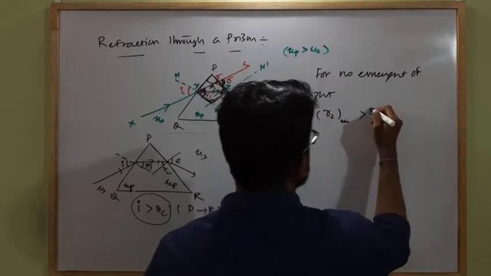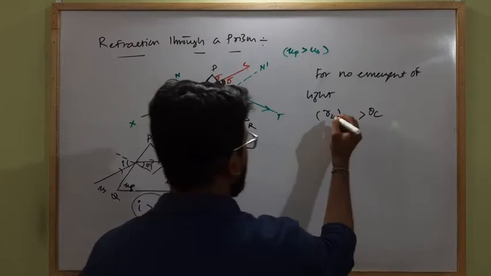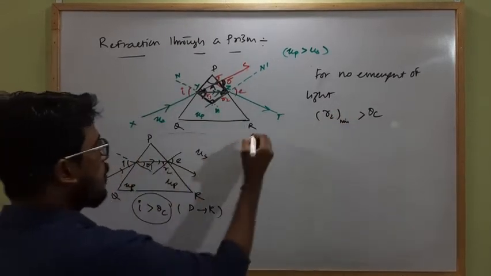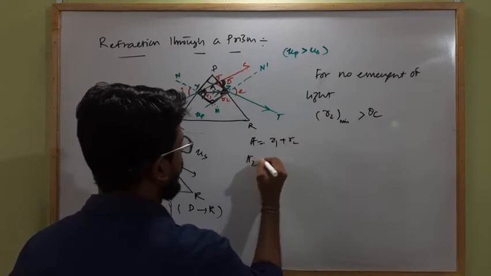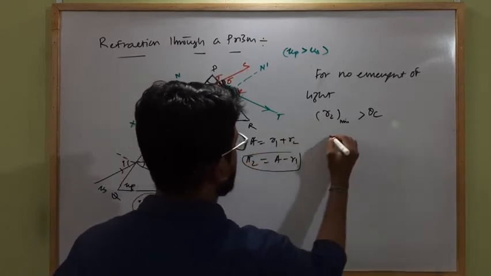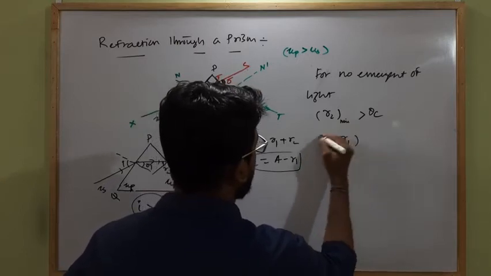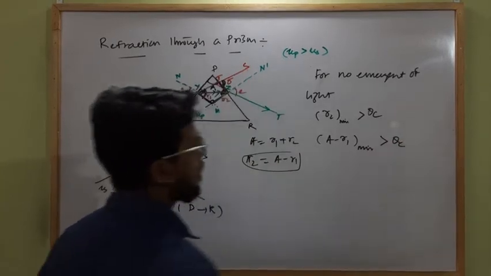The critical angle theta C. Clear? So this implies what is R2 minimum? We know A equal to how much? R1 plus R2. So this implies R2 equal to how much? A minus R1. So R2 minimum means we can write A minus R1 minimum must be greater than theta C.